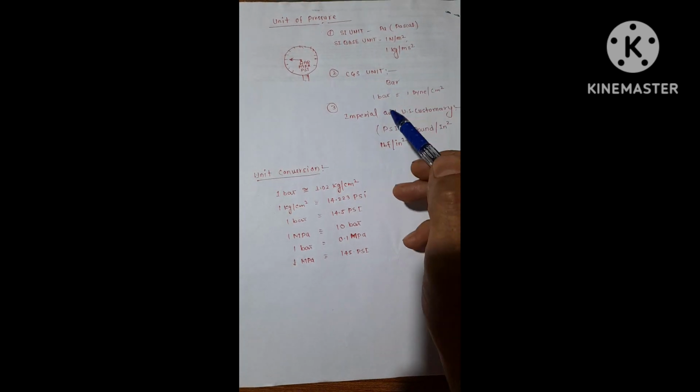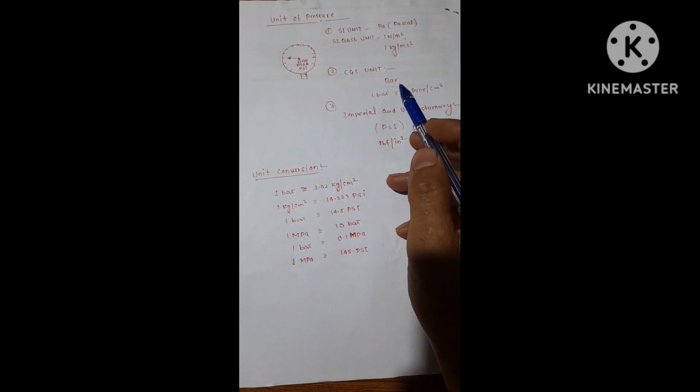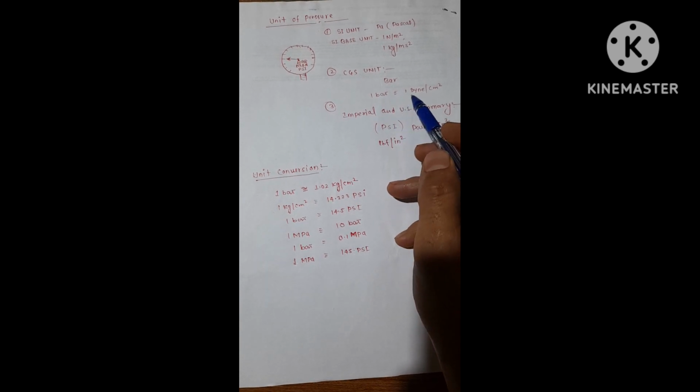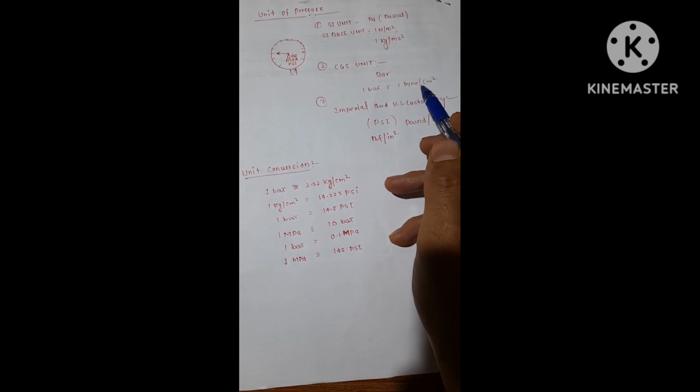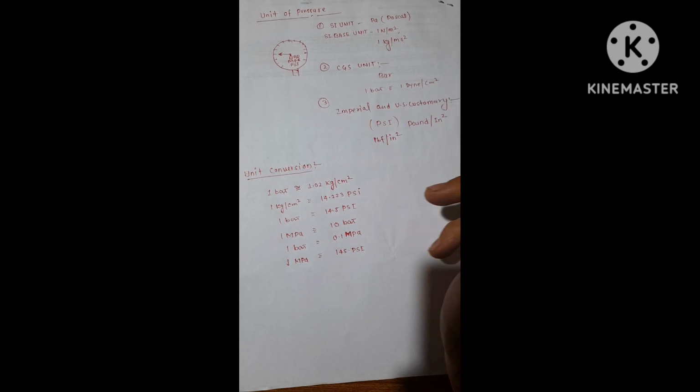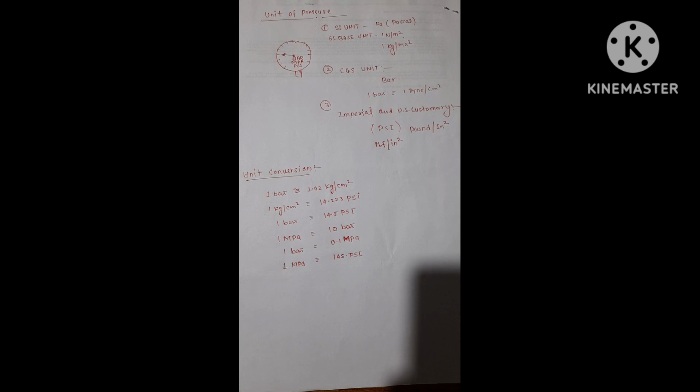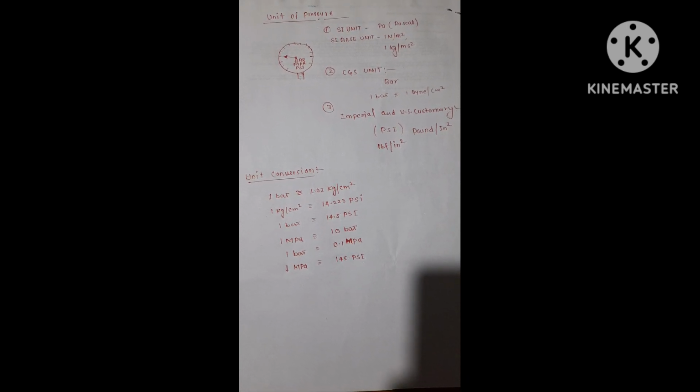Another unit is the CGS unit. We denote it by bar, and 1 bar is equal to 1 dyne per centimeter square. Another unit we use most is PSI.